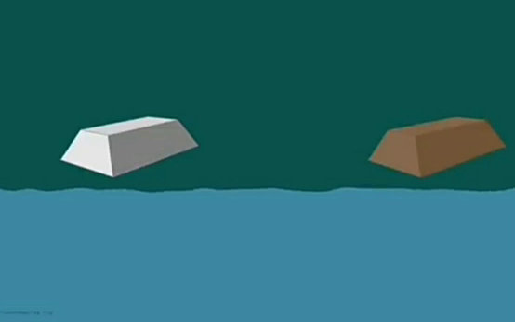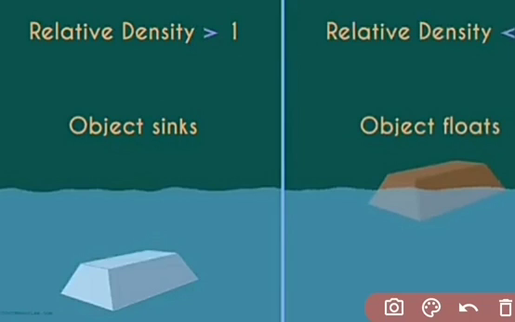In simple terms, a substance will sink if it is denser than the liquid and it will float if it is less dense than the liquid. Now how can we say this mathematically? If the relative density of a substance is greater than 1, then the object will sink. And if it is less than 1, then the object will float.